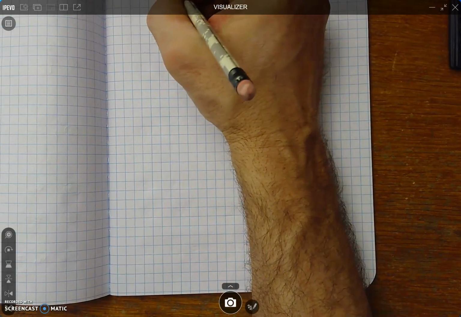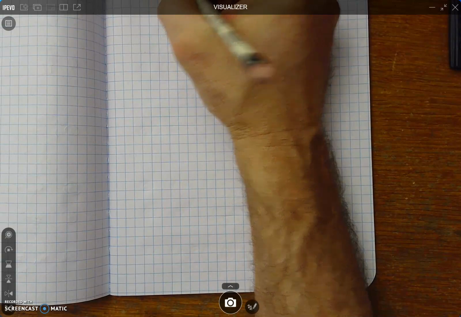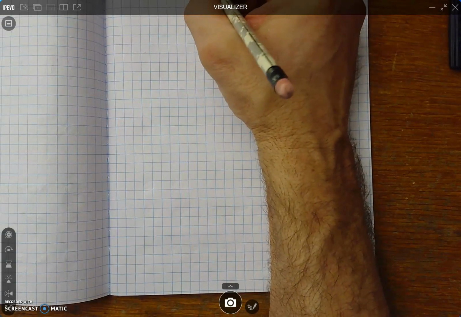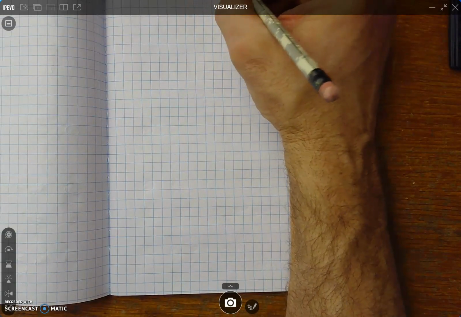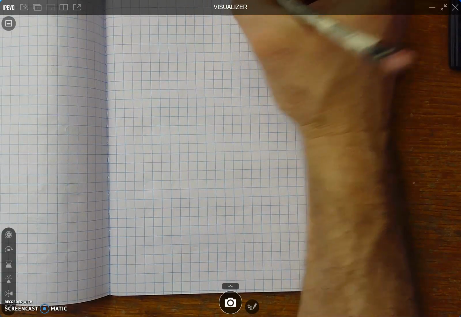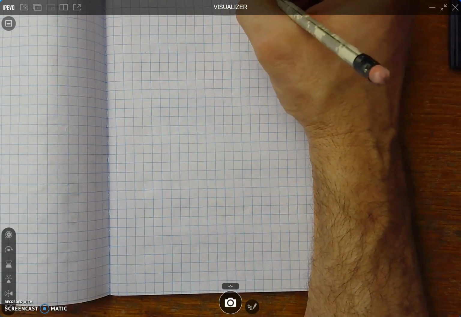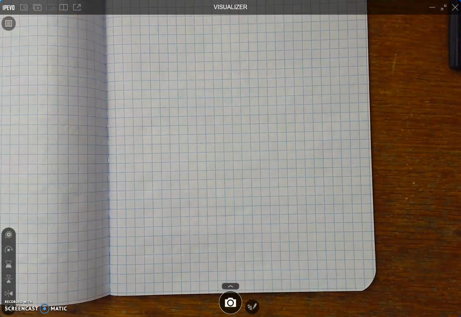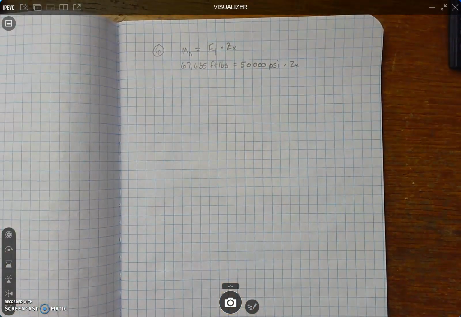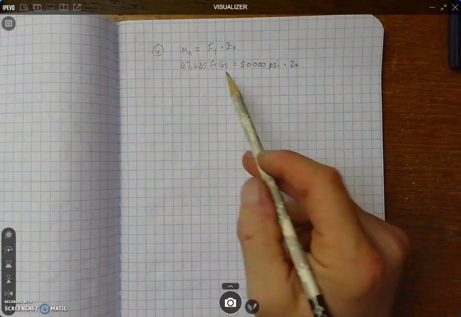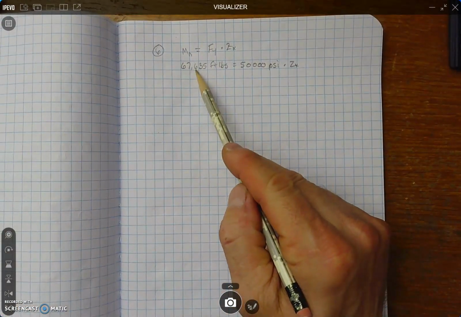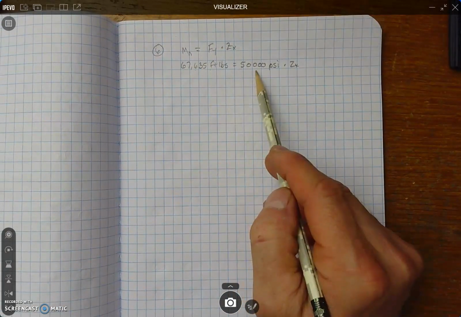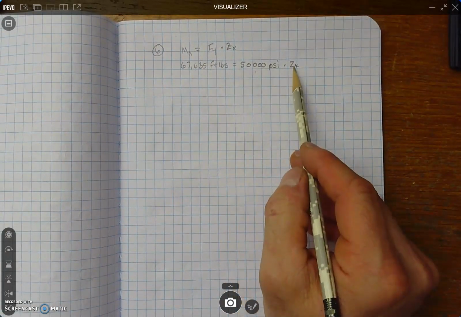That's 67,635 foot-pounds equals 50,000 psi times Zx. So now, algebraically, this is pretty easy to solve. If I divide 67,635 by 50,000, I should get my Zx.